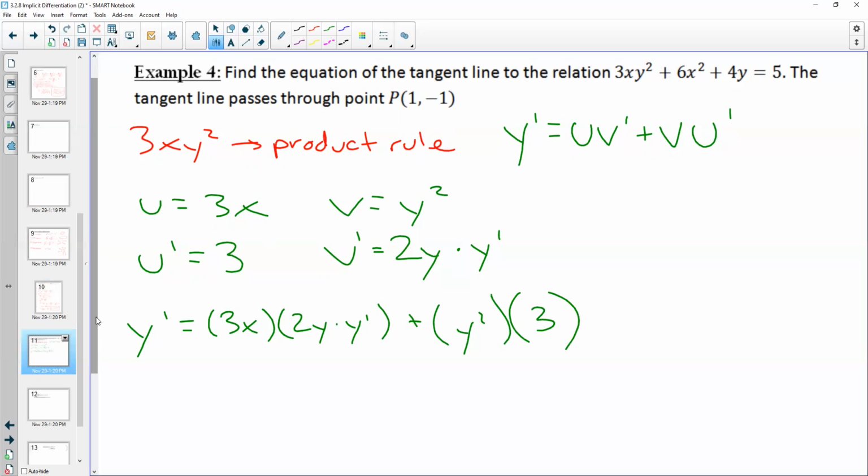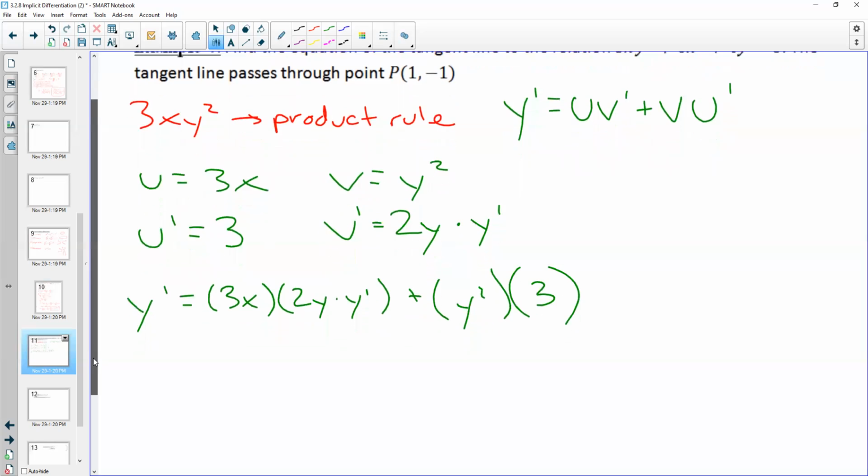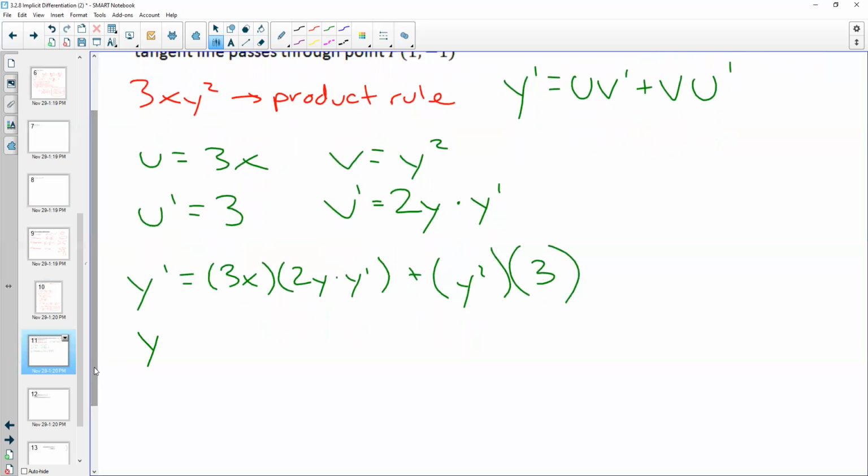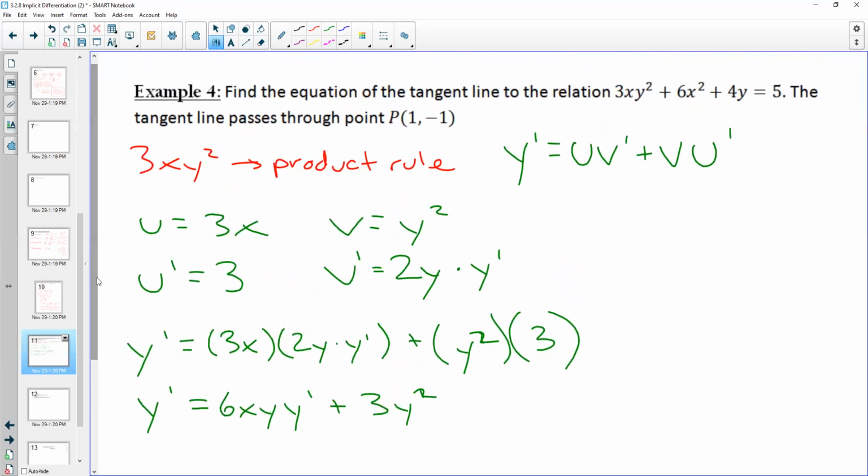And we can expand or distribute those in. So we'll get 3 times 2, so we get 6xy y prime plus 3y squared. Sorry, that's a 2. I knew I should have made that better when I wrote it. So that is our derivative of 3xy squared.